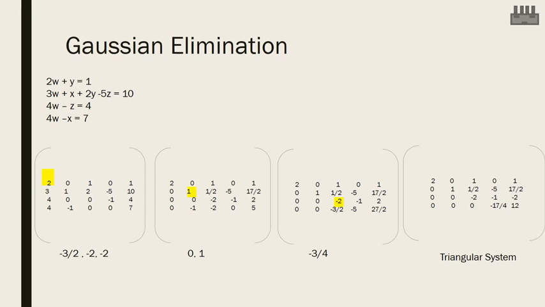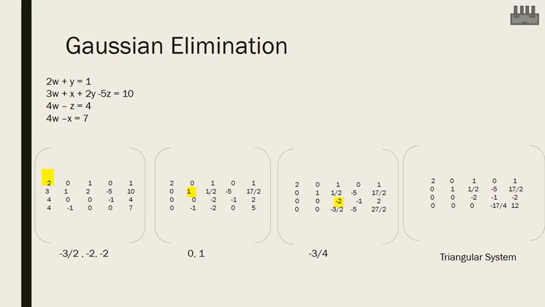Now in this matrix, we look at the pivot element minus 2. We want to create a 0 beneath it, right? To do that, we multiply the third row with minus 3 by 4 and add it to the fourth row. When you do that, you get a 0 here, and we have got a triangular system of equations. So basically, this means that minus 17 by 4 into z is 12, which means that you can solve for z straight away.